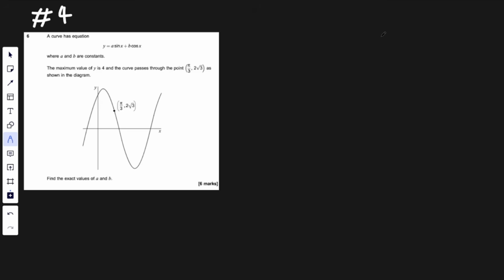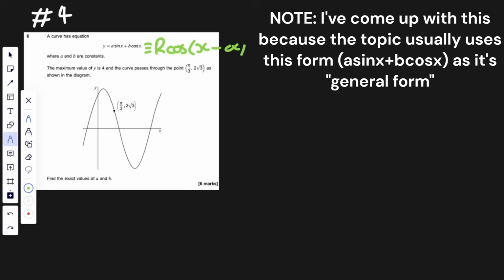So for this one, as soon as I saw it, when I see this a sin x plus b cos x, this should make you think of the Rcos form. So this is identical to r cos(x minus alpha) or plus alpha. I'm going to keep it as minus alpha simply because potentially it'll be nicer.